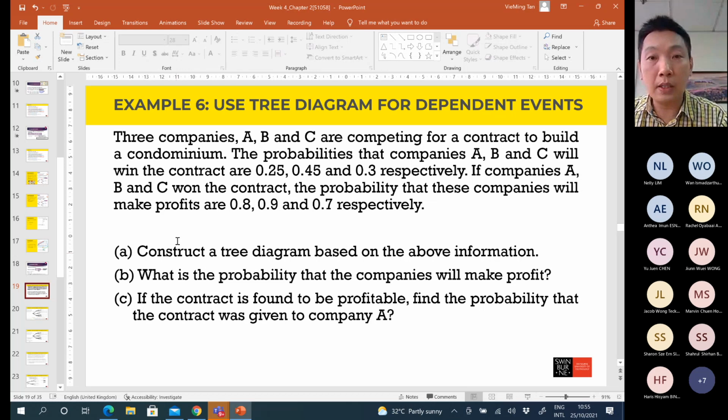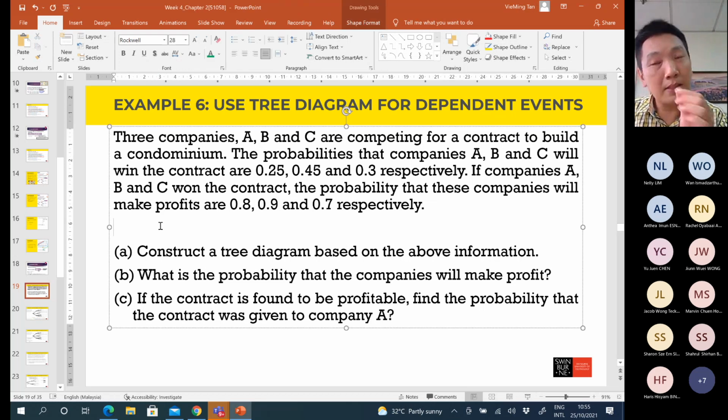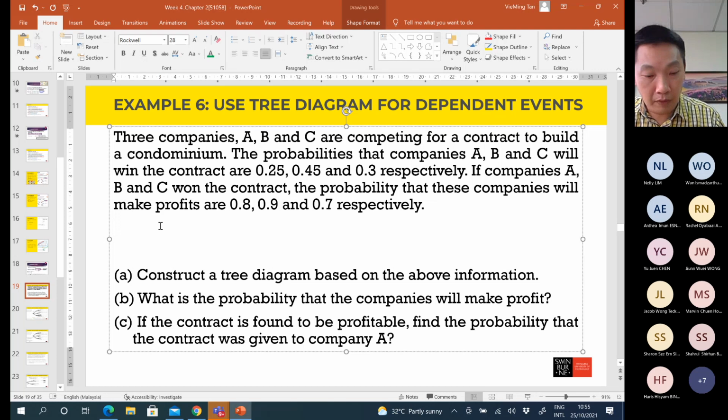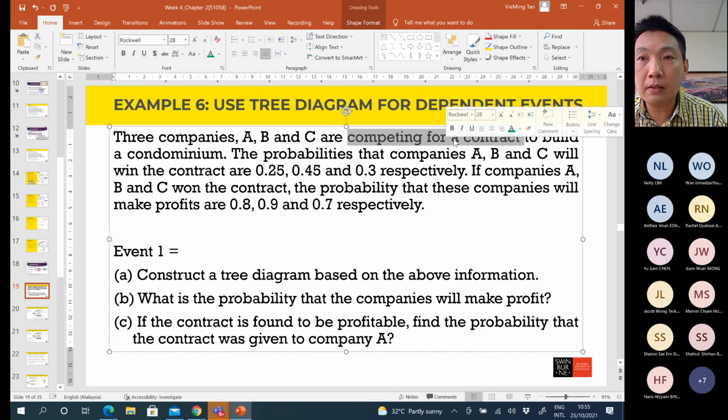So if I want to analyze, I can put here some short note. I can say this can be event one. This is not compulsory, I just put it here. This is competing for a contract. I just copy this.